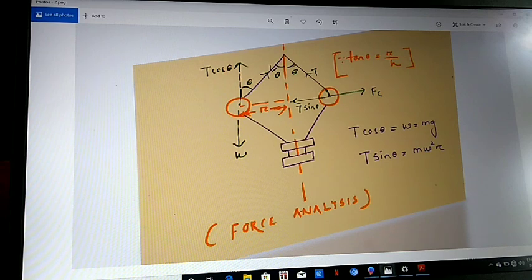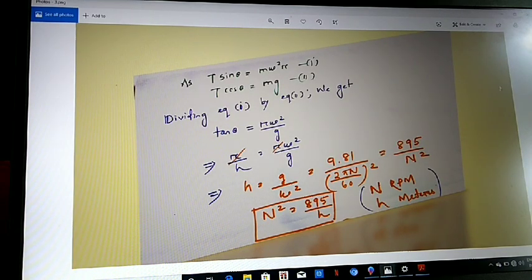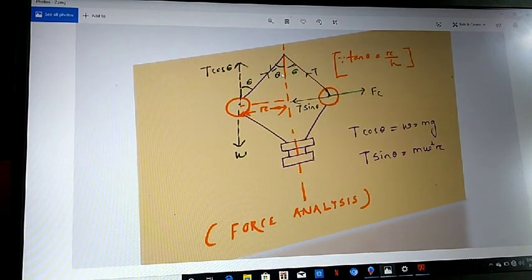So let us see the mathematical expression. T sin theta will balance m omega square r, and T cos theta will be mg. Dividing one equation by the other, we get tan theta equal to r omega square by g. Now let us see the value of tan theta here.